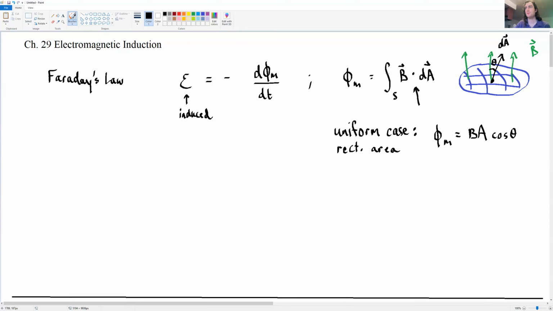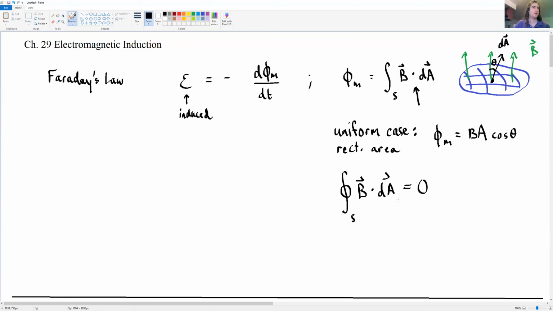Just a couple notes here about the magnetic flux. One thing that we don't want to do for magnetic flux is integrate over a closed surface, because this is always equal to zero. Remember, that's one of Maxwell's equations.